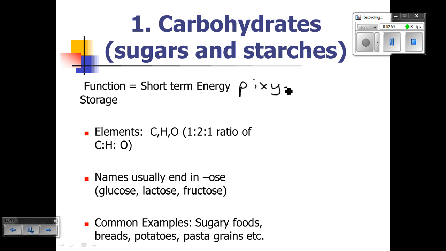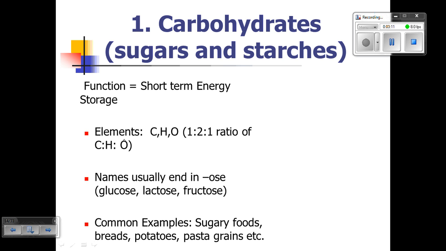I think I spelled pixie wrong, you know me. But if you think about that, when you eat a lot of sugar, you instantaneously get a sugar rush from it. You get a lot of energy. So it's very short term, that energy. And that is what we think of when we think of carbohydrates.